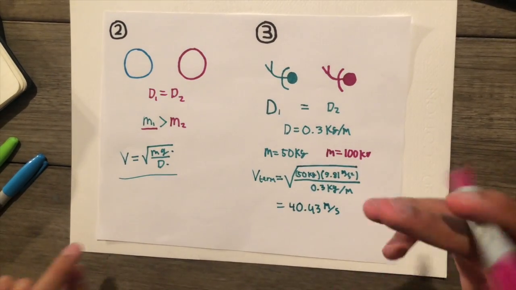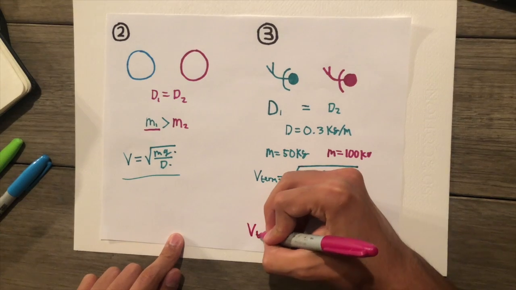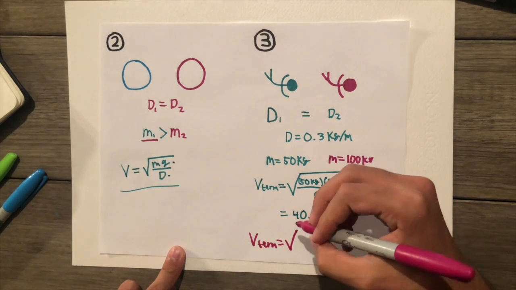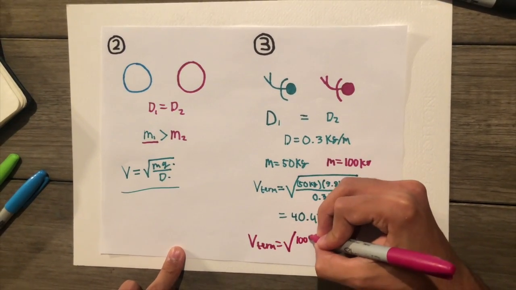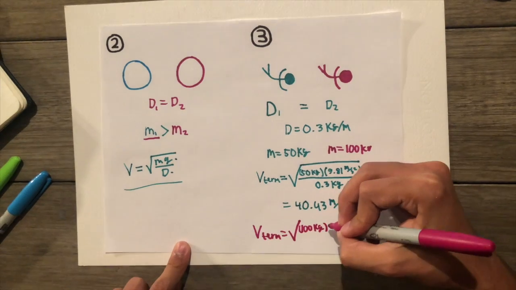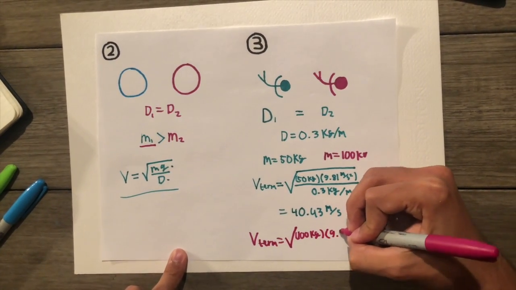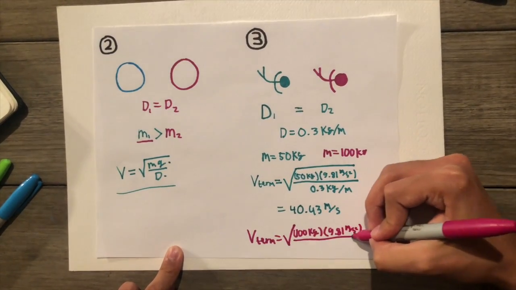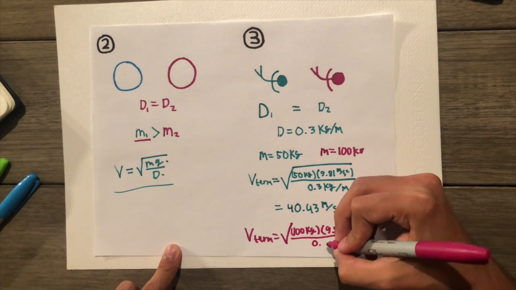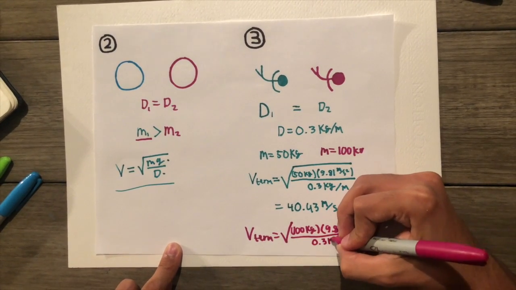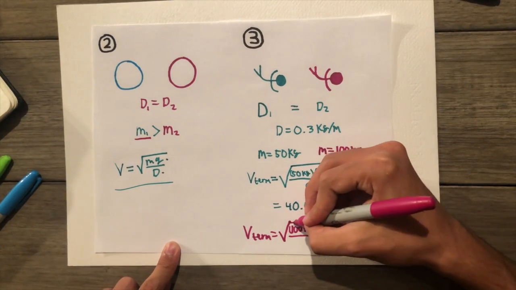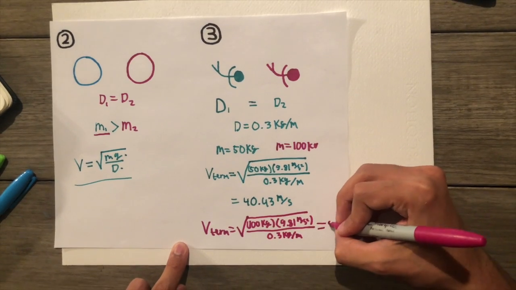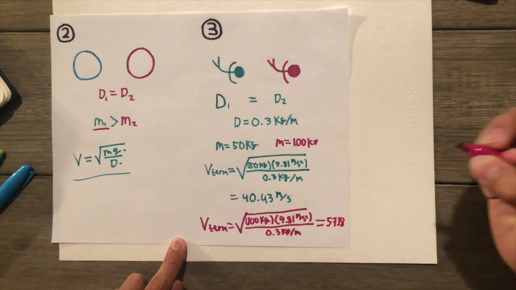Now, if we plug in the values for the one with the higher mass, we would obtain the square root of 100 kilograms times the gravity divided by the constant d, which is 0.3, and this gives us a terminal velocity of 57.18.